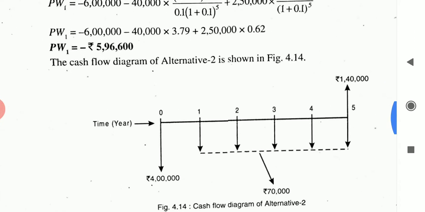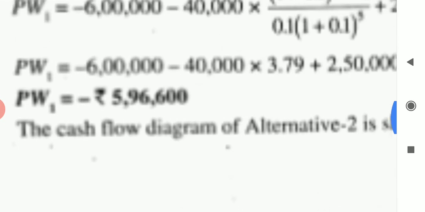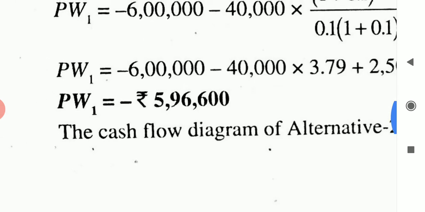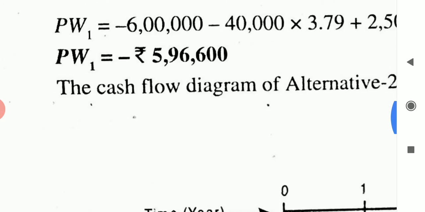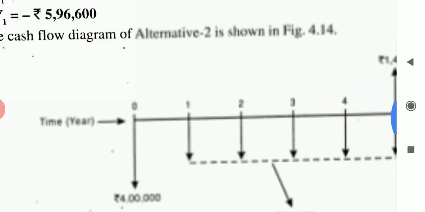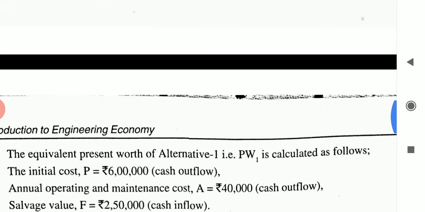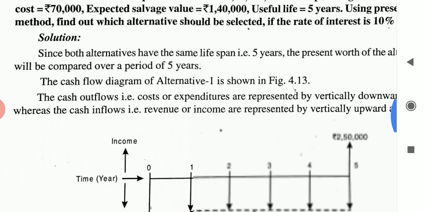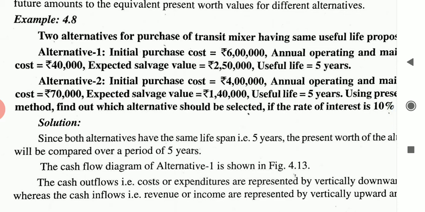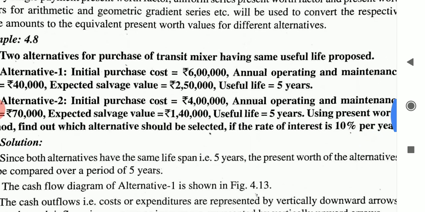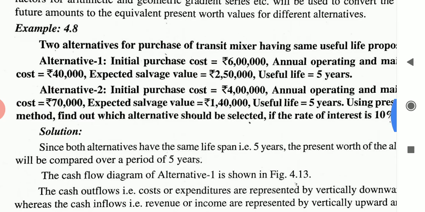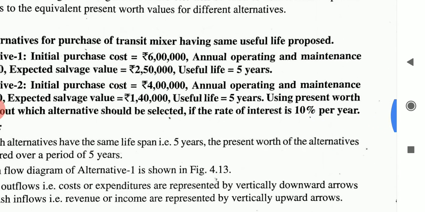Okay, so totally the present worth PW1 for alternative 1 is minus 5,96,600 rupees. Okay, and also we have to calculate alternative 2. See here, alternative 2: initial purchase cost is 4 lakh, annual operating and maintenance cost is 70,000, expected salvage is 1,50,000.